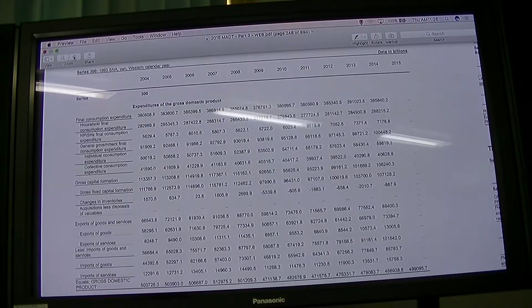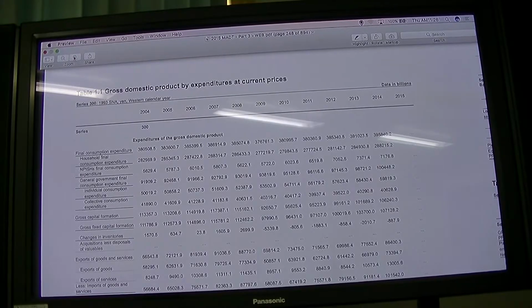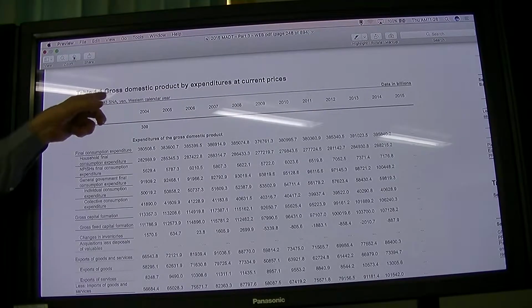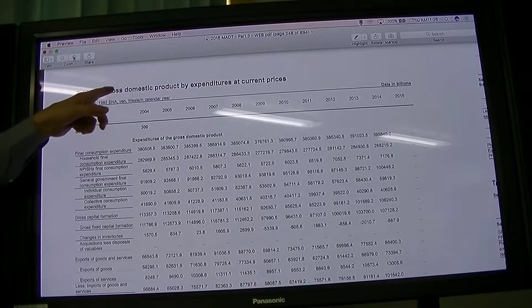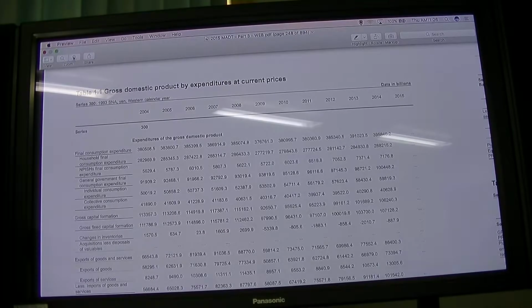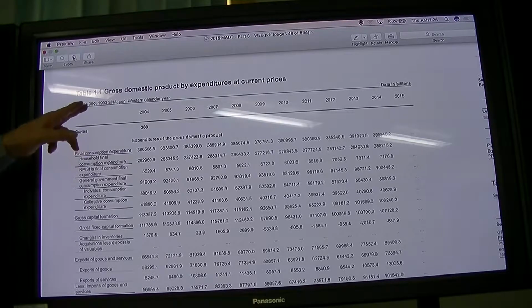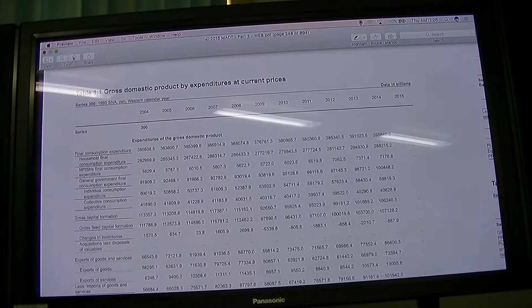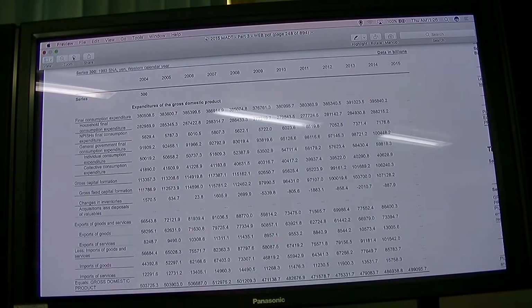This is table 1.1, and the tables in each country have the same name. So it's always called, this is table 1.1, gross domestic product by expenditures at current prices. So that's what's called nominal. This is nominal GDP.